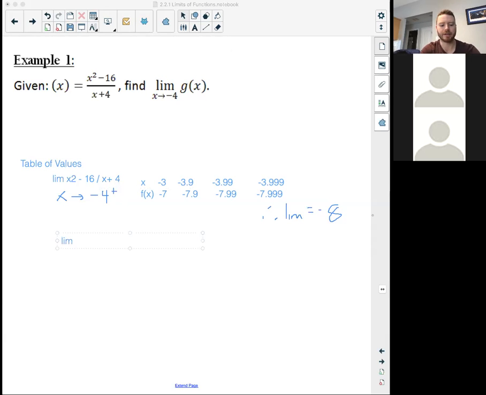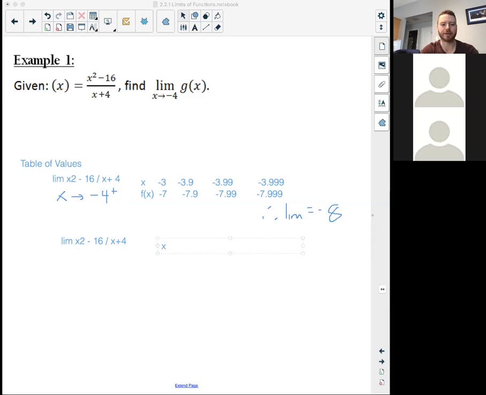The limit of x squared minus 16 divided by x plus 4. And we're going to do a table of values. And we are approaching from the left-hand side now.